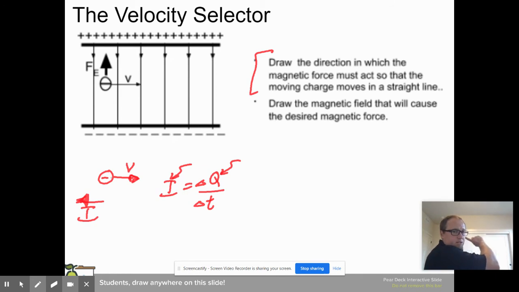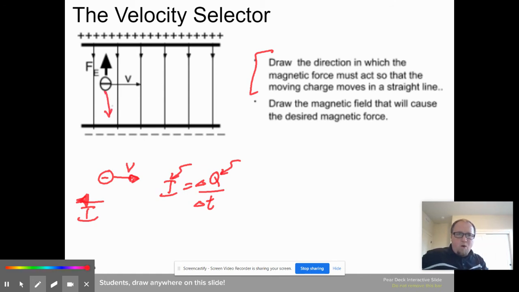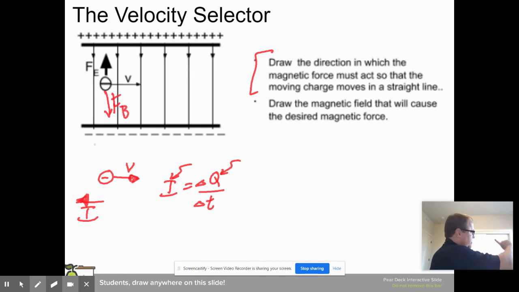If my current is to the left, just like on that last slide, I have an electric force up, but I want a magnetic force. So B stands for magnetic. The current's to the left. I want a force down. If you look, your thumb is down and your fingers are going into the page. So away from you.